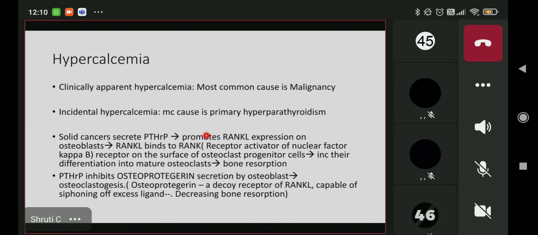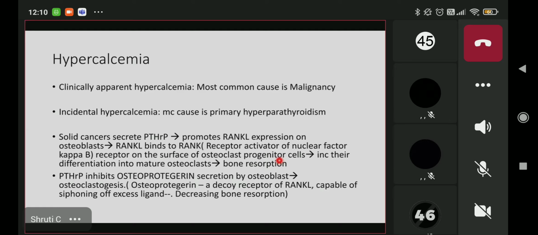Before that, you should be able to understand what is the function of parathyroid hormone related protein. So they are basically RANK receptors. These are known as receptor activator of nuclear factor kappa B. These receptors are present on the surface of osteoclast progenitor cells.